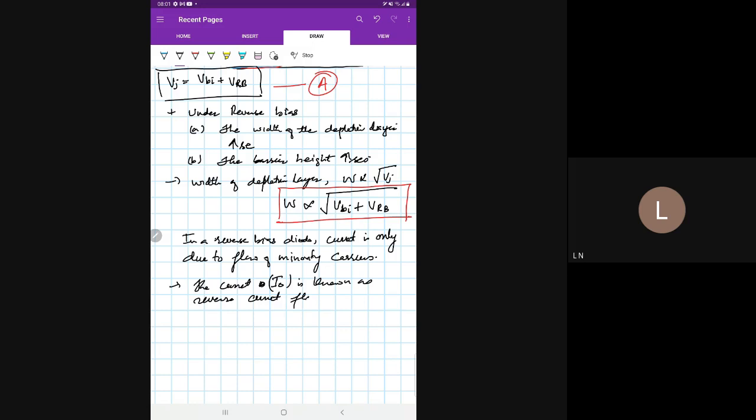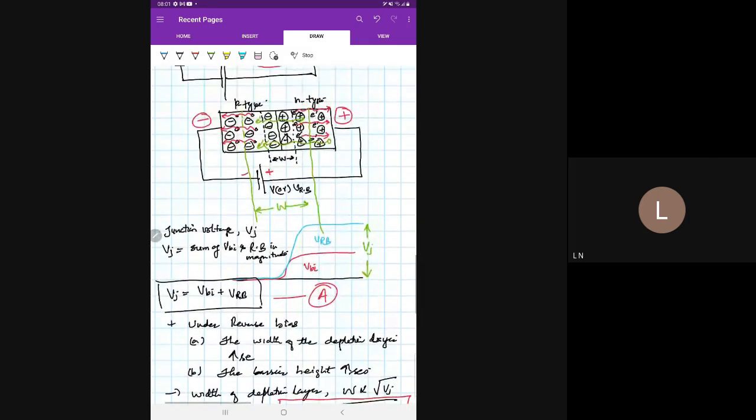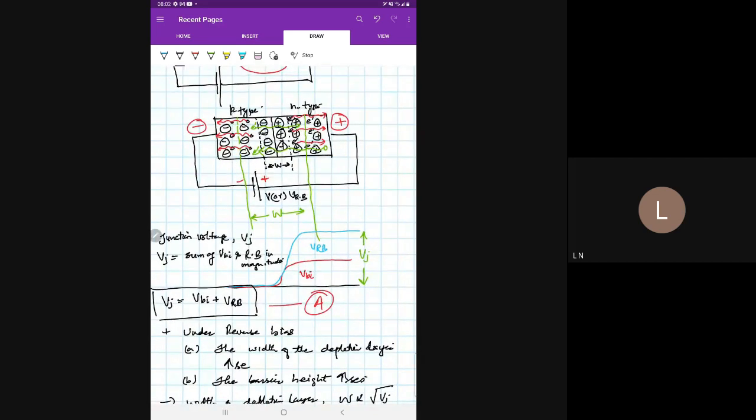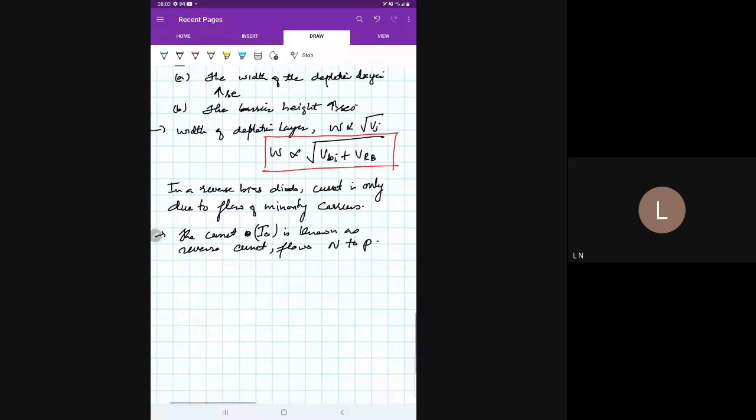It flows from the N side to the P side, because the direction of current is opposite to the direction of electronic current. Holes will move from N to P, therefore the direction of current will be N to P.